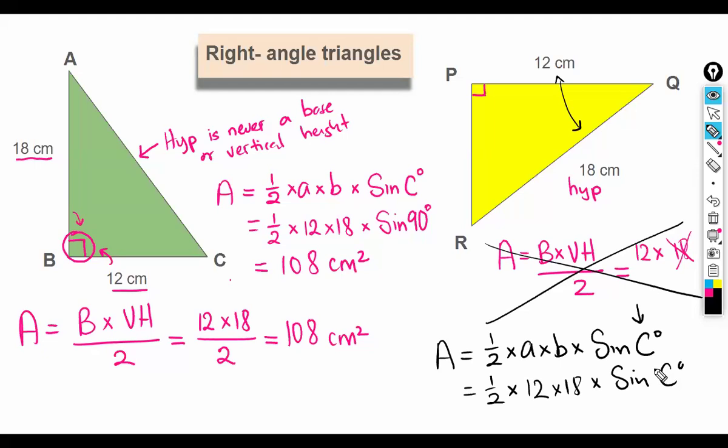No, right? So they did not give, if they had given us this angle, like if they told us here was 45 degrees, fine, we could have used it. So we're in a little predicament here. We can't use this formula. We can't use that formula. What are we gonna do, right?